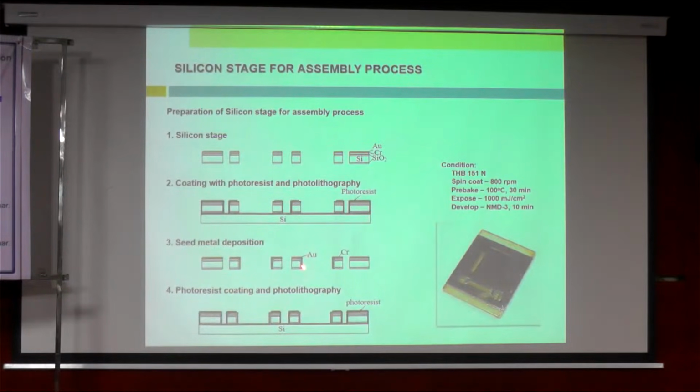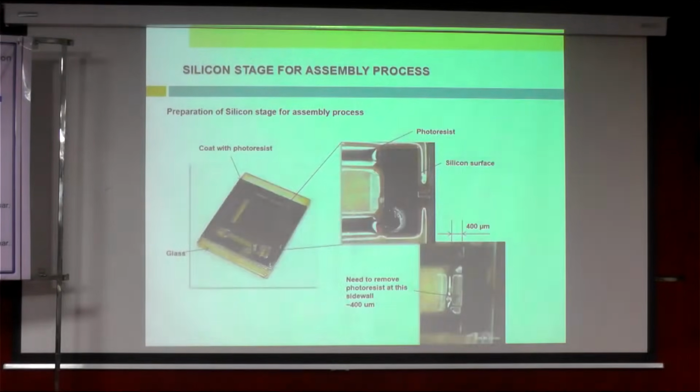So that is why you have gold deposited on this side. This is covered, and you deposit gold on both sides of this. So on top is the chrome, also wiring, electrical wiring for this device. Then this is the device.